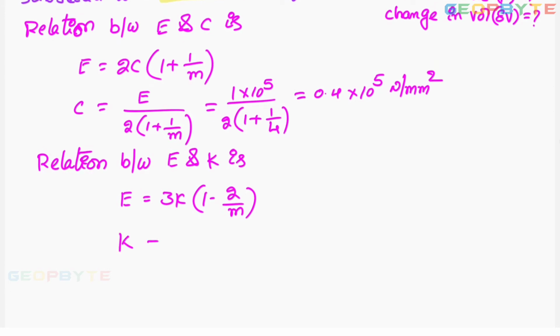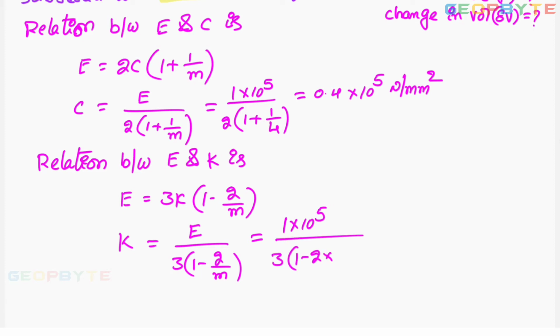From this, bulk modulus K equals Young's modulus by 3 into 1 minus 2 by M. Here Young's modulus is 1 into 10 power 5, by 3 into 1 minus 2 into 1 by 4. Simplify this value for getting the bulk modulus K equal to 0.67 into 10 raised to 5 Newton per mm square.